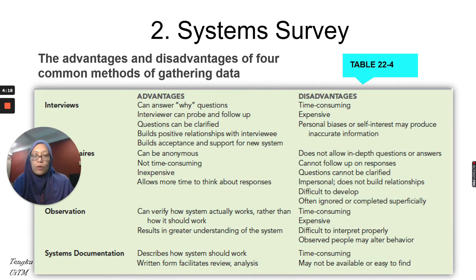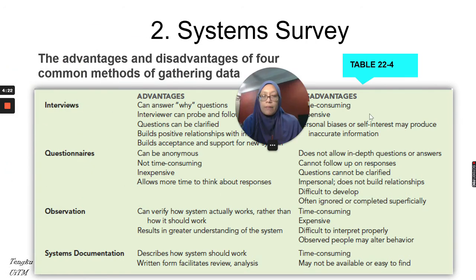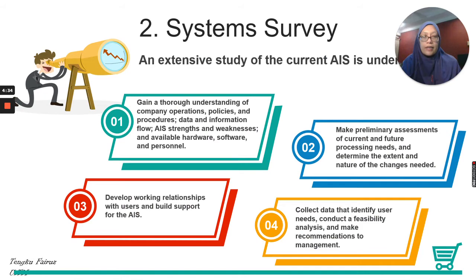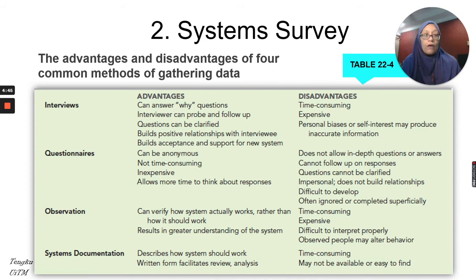This is the example of the methods used. You can refer to table 22.4 for the details. They have 4 common methods used to gather the data. Earlier, in the system survey, they will do a thorough study and gain thorough understanding about the current system, so they need to gather data on the current system.